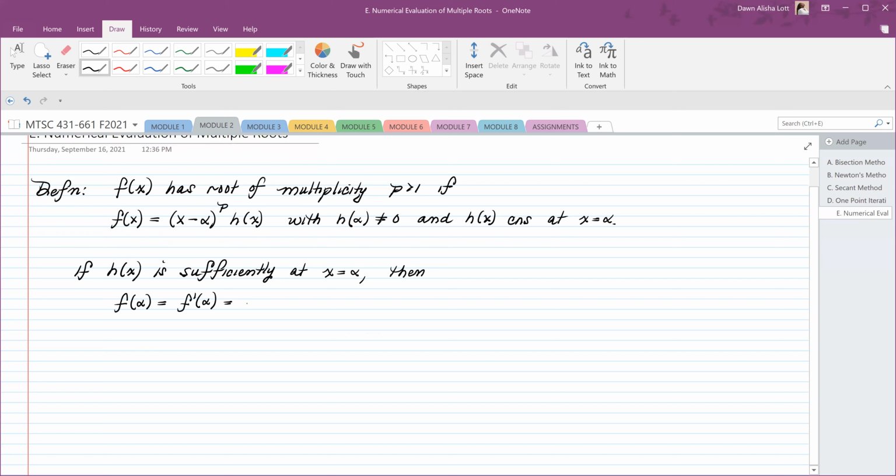And f double prime of alpha, all the way up to the p minus first derivative of f at alpha, all of those are going to equal 0. And then, of course, the last derivative, the pth derivative of f at alpha, will not be 0. Okay.